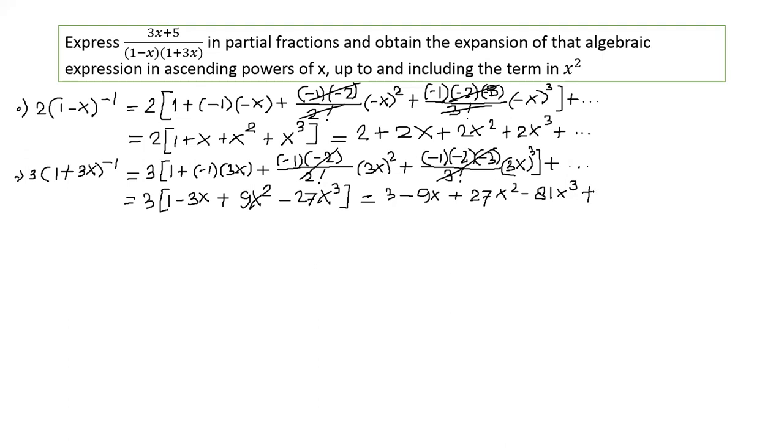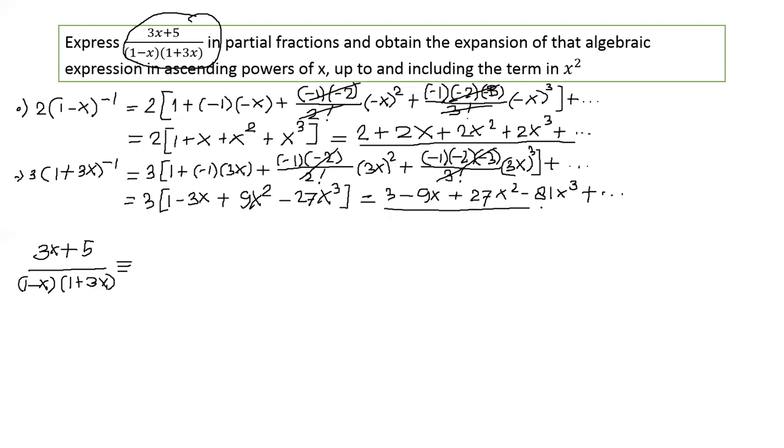Okay. And actually, if we want to continue, now the expansion becomes, I'm going to write 3x plus 5 over 1 minus x times 1 plus 3x, identical to these expansion outcomes.